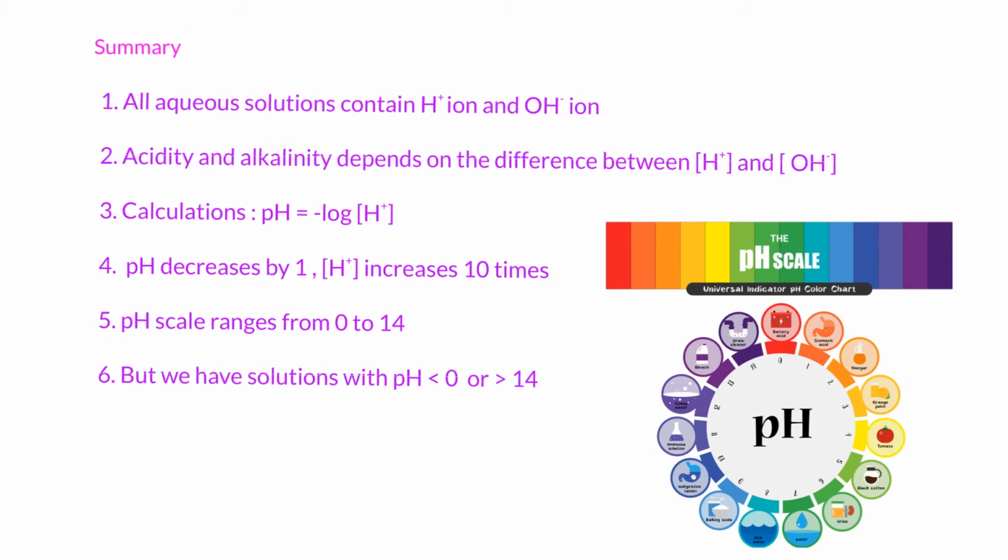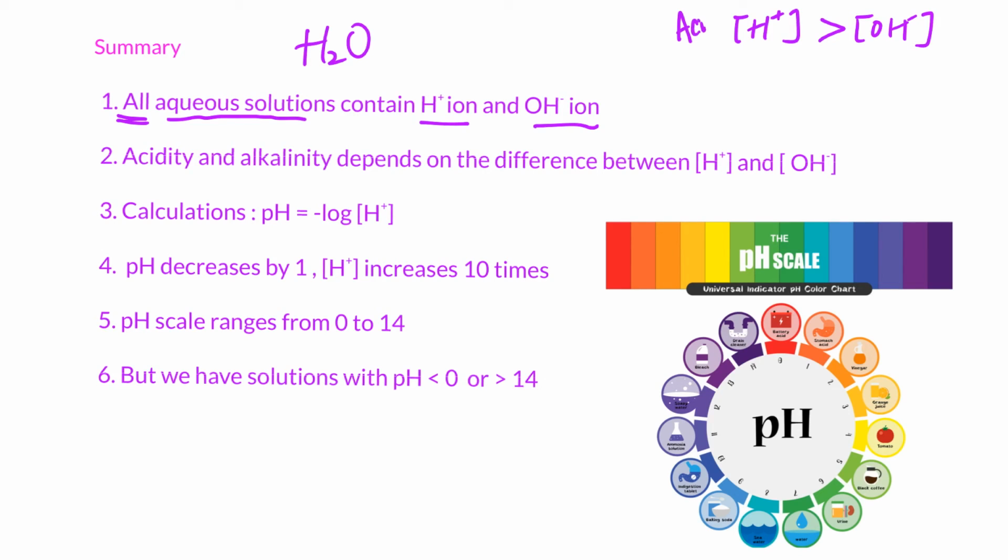So, summary for this video. First of all, you have to know that all aqueous solutions, because they have water, must contain both H plus and OH minus. And the acidity and alkalinity depend on the difference between H plus and OH minus. If H plus is larger than OH minus, it is acidic.